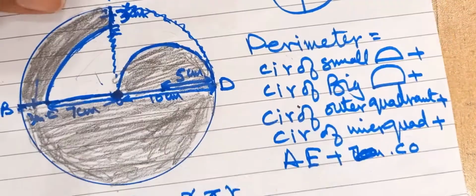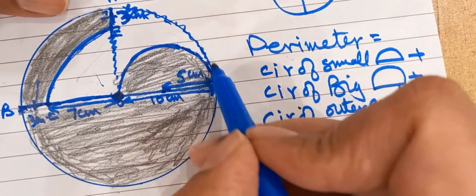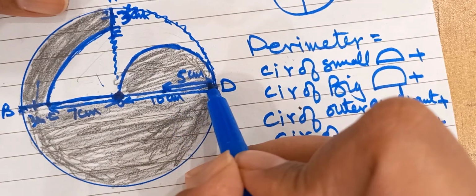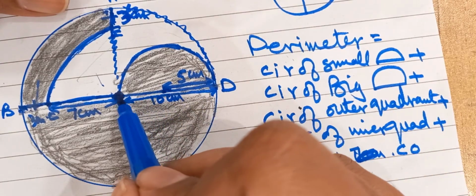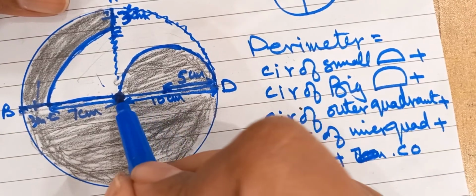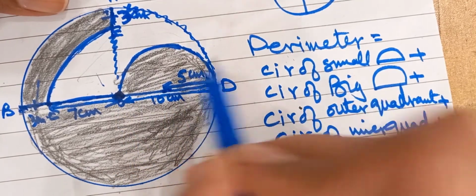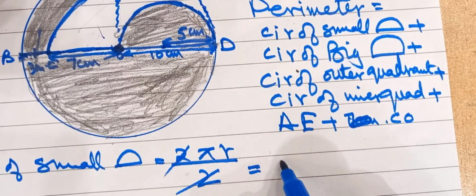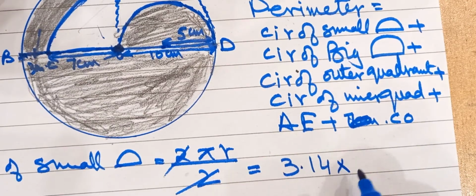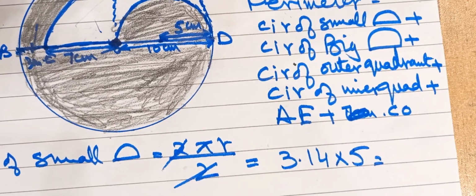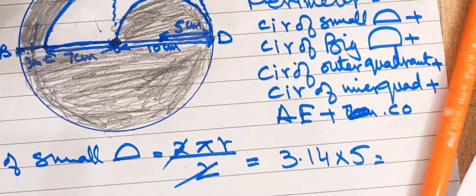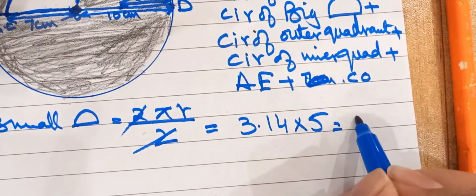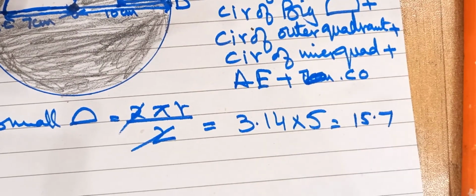Here I know the radius of this small circle is 5 centimeter because its diameter is 10. So I multiply 3.14 into 5, which gives 15.7.